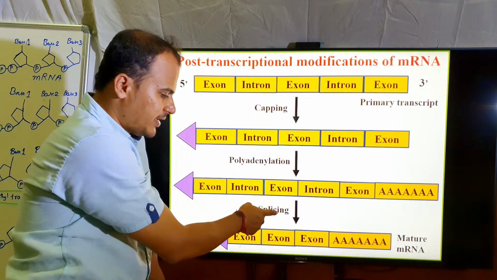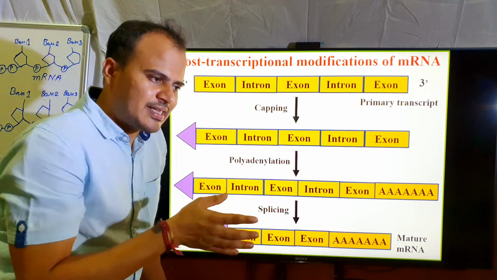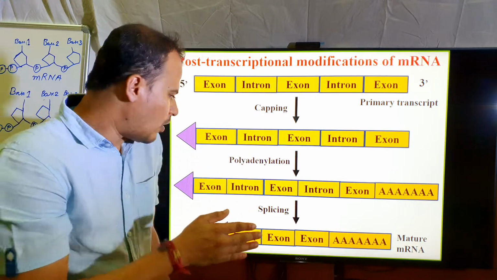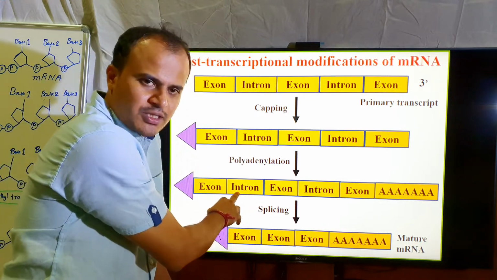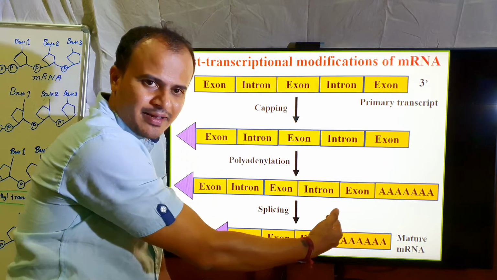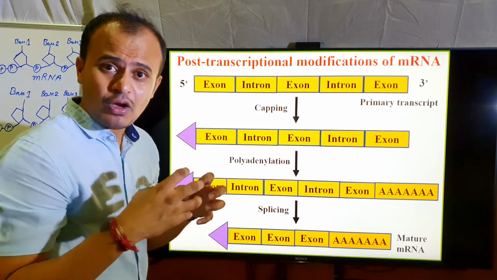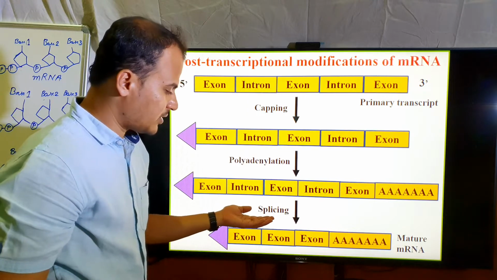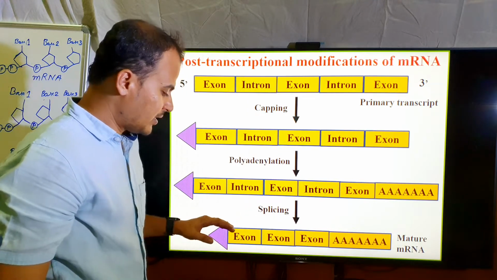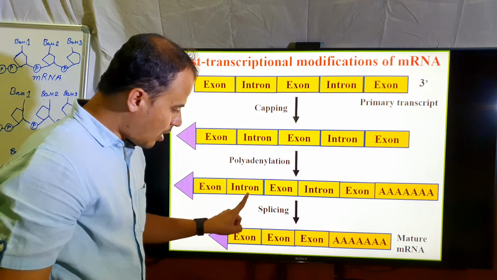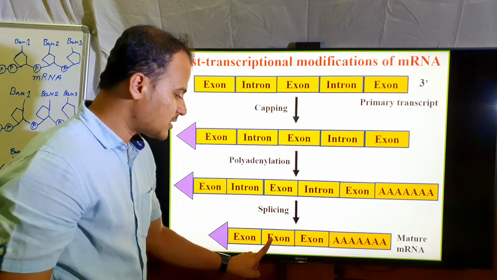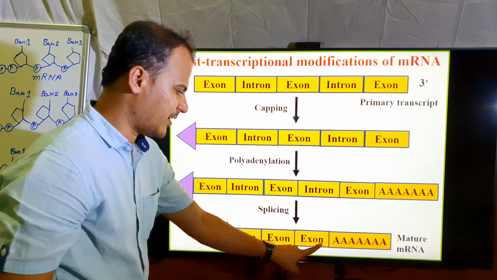Next is splicing. Splicing is the process of removal of introns from the mRNA and joining of all the exons together. Now you can see that all the introns have been removed and only exons are present in the mRNA.